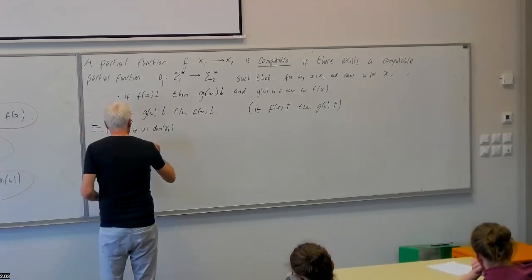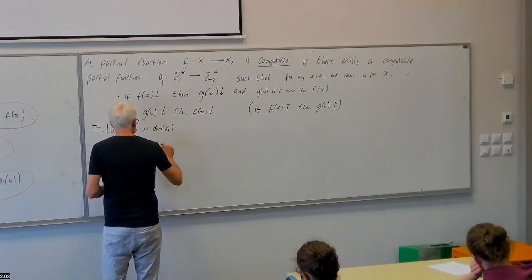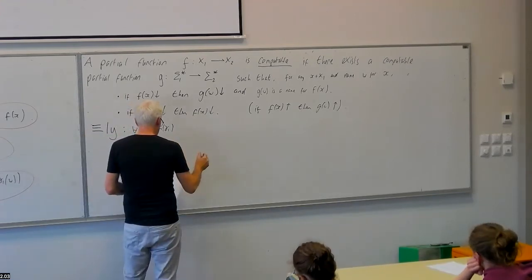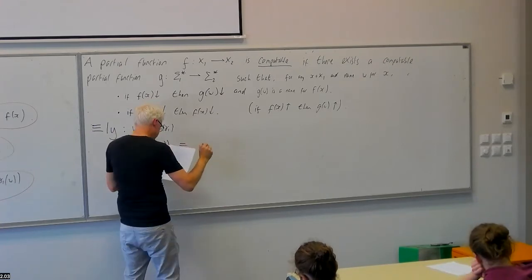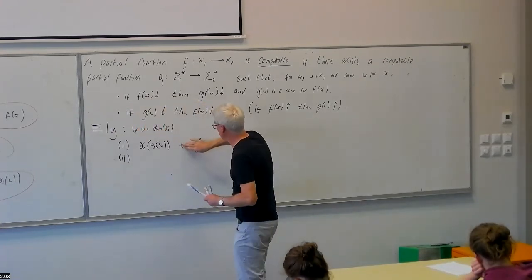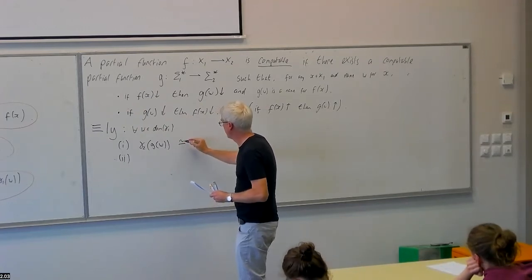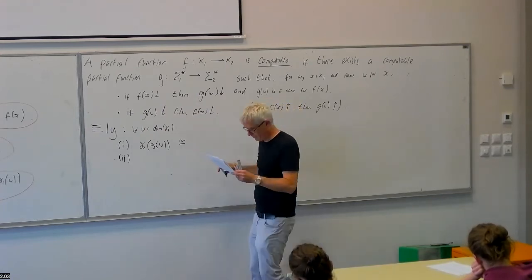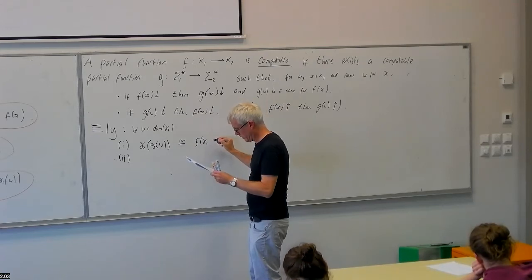The first one is that if we apply the representation function gamma 2 to what we get from applying the partial function g to w, then that's sort of equal, so let me write the symbol straight away, to f of gamma 1 of w.